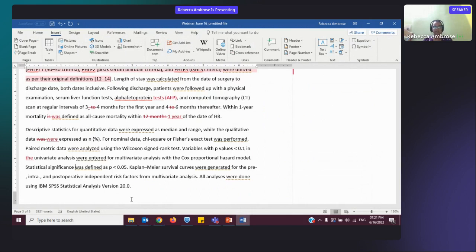Statistical analysis, significance was defined as p-values of less than 0.05. Kaplan-Meier survival curves were generated for the pre, intra, and post-operative independent risk factors from multivariate analysis. All analyses were, just for better word choice, performed using this.